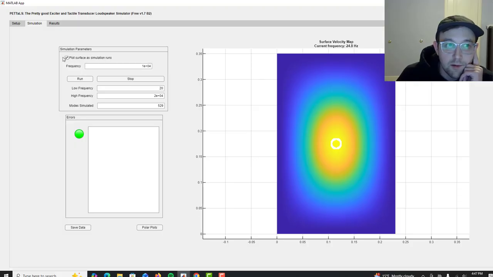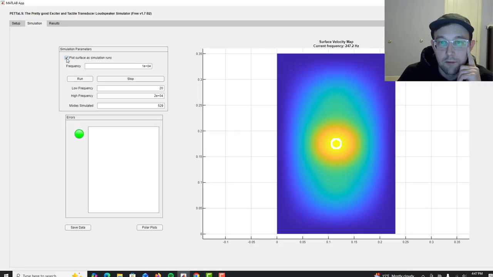A Q of 1 probably has almost no vibrational shapes to it at all. This is kind of like trying to drive foam rubber as a speaker. Yeah, there's not any shapes. The vibrations don't spread. It's kind of boring.